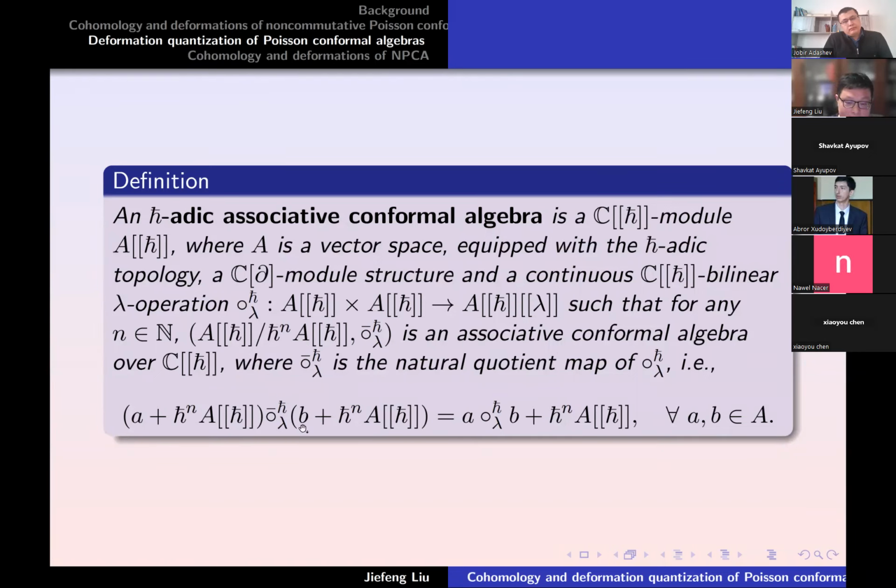This is no problem because this subspace is in the polynomial space, in polynomials of lambda.